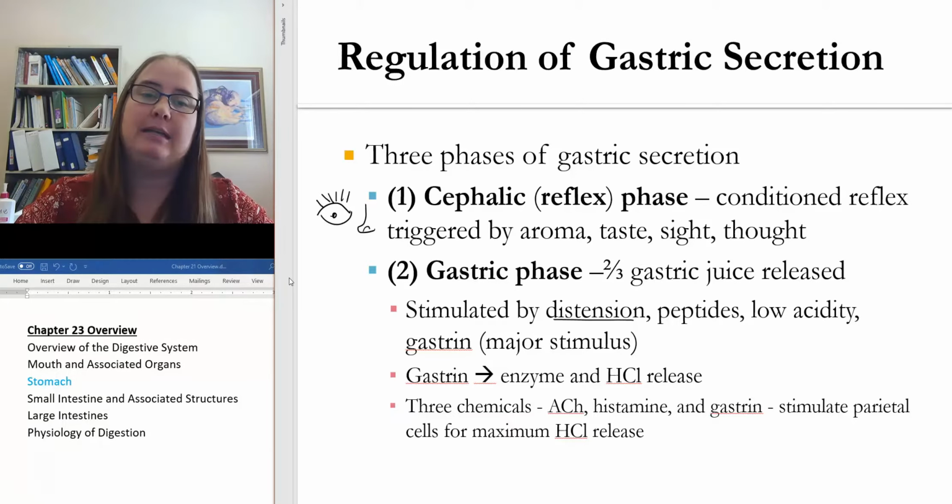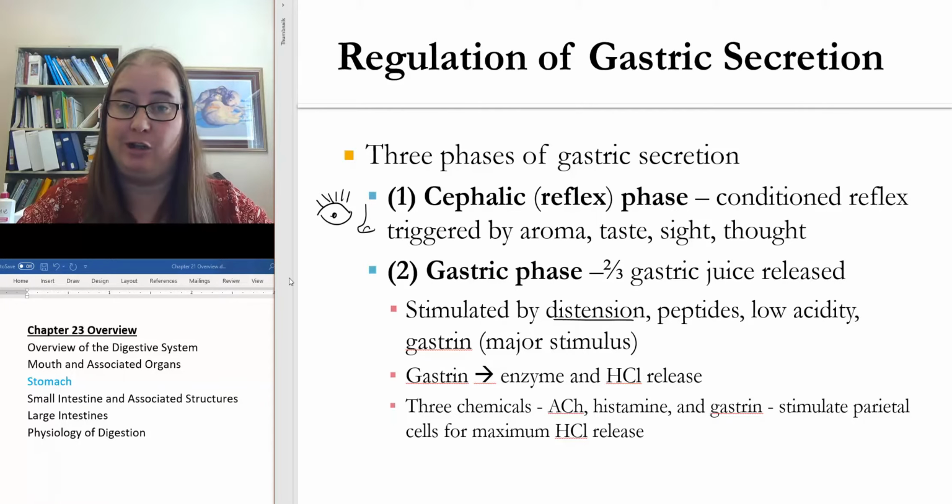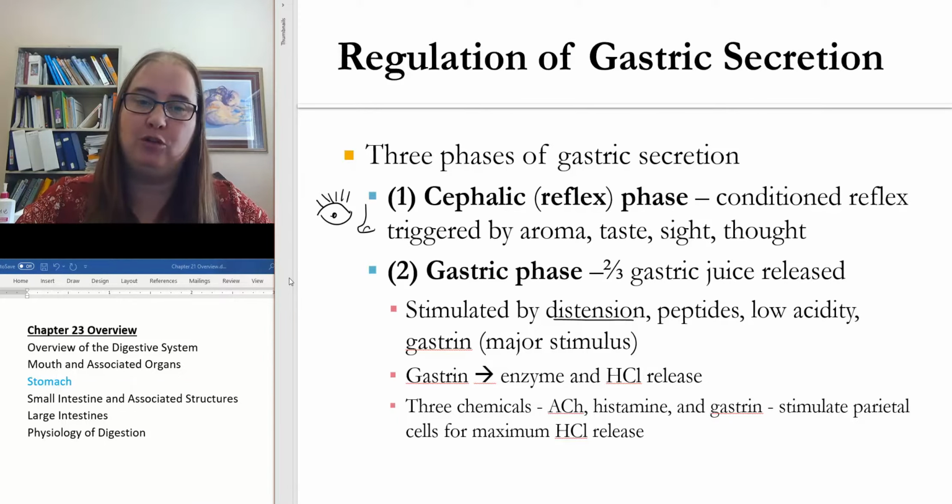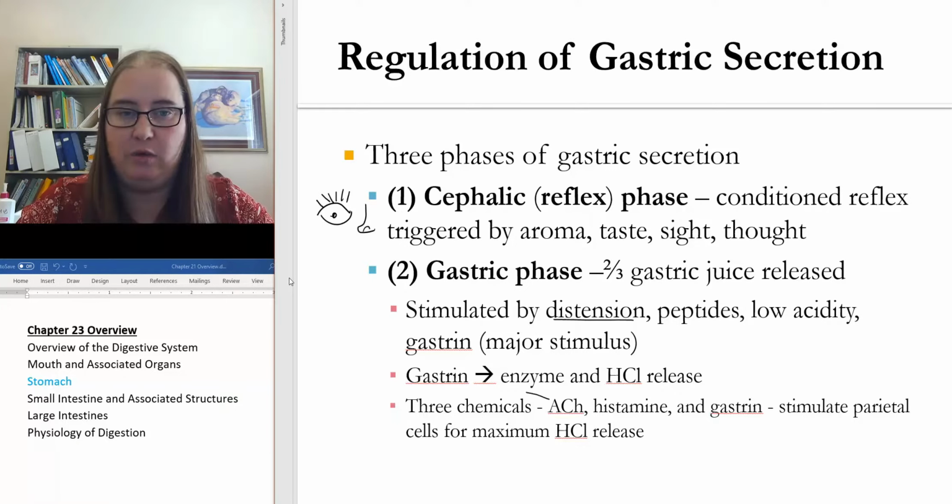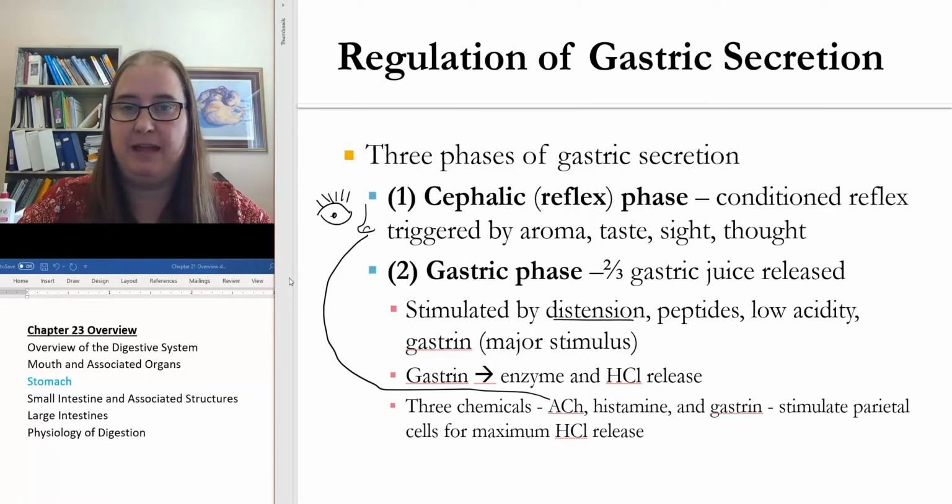Now, gastrin results in the release of pepsinogen and HCl. So really gastrin is the driving force for how pepsinogen and HCl are secreted. Okay, so there are 3 chemicals involved in this process: acetylcholine, histamine, and gastrin. All stimulate those parietal cells for maximum HCl release. Now, this acetylcholine is actually coming from the cephalic phase.